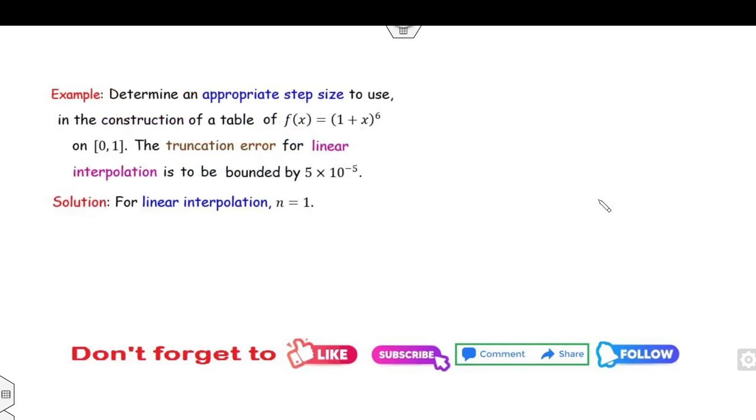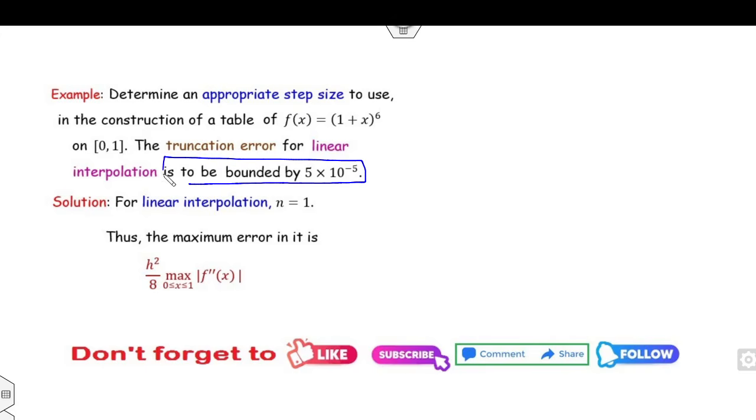So linear interpolation n is 1 and the maximum error for the linear interpolation is given to be this part, and in the given statement it is mentioned that it is bounded by 5 into 10 raised to power minus 5. So your target is only to find the second derivative.